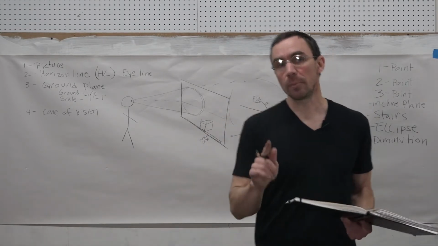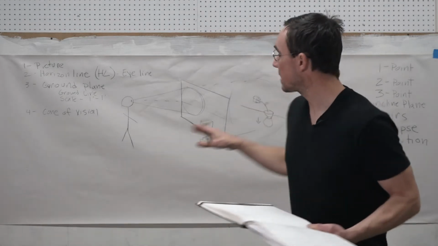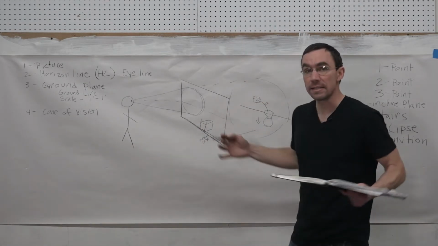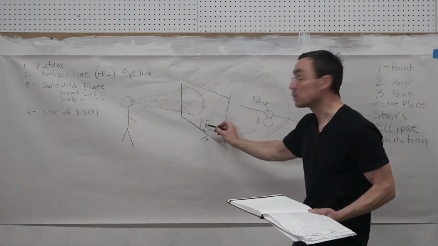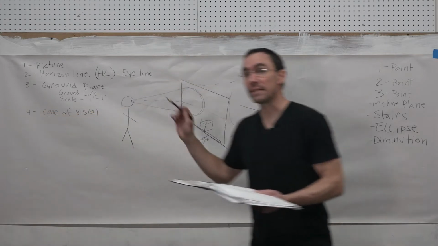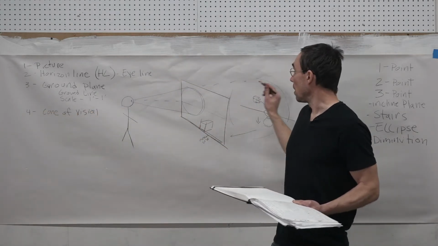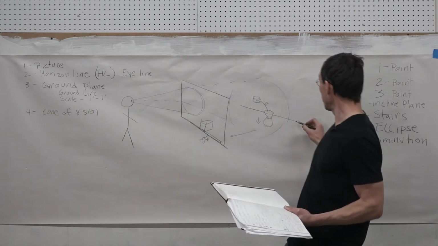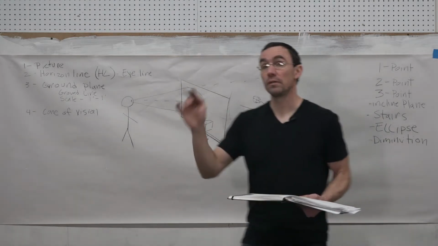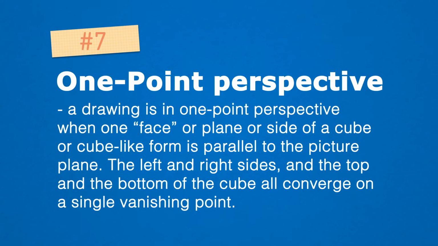And what linear perspective is capturing is that sense of convergence, and the way that that convergence seems to, if I was to use line extension and just draw those lines all the way out, it seems that they vanish on the horizon line. So now we can talk about the definition of one-point perspective.